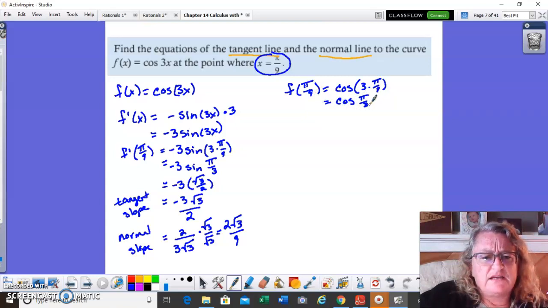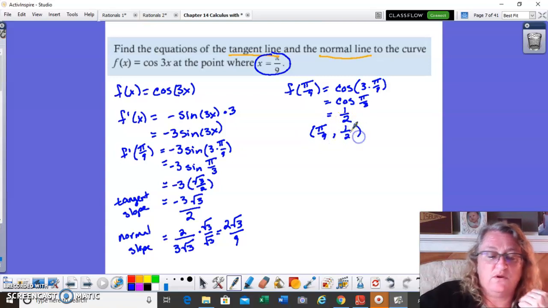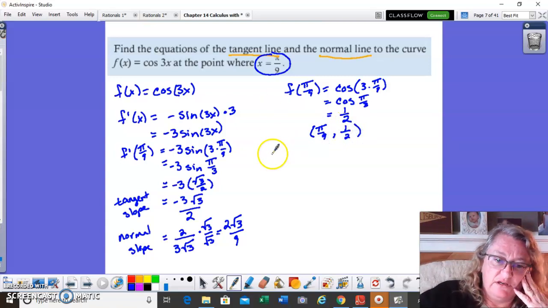If the sine of pi over 3 is the square root of 3 over 2, then the cosine of pi over 3 is 1/2. So my point that I'm going to be using is pi over 9 as my x-coordinate and 1/2 as my y-coordinate. And the form of the equation I'm going to use is y minus y1 equals my slope times x minus x1.